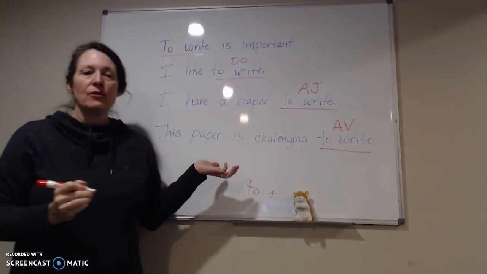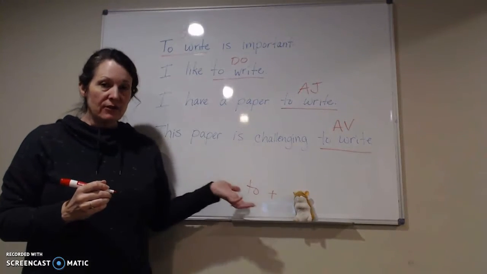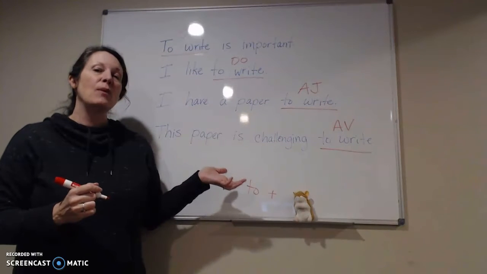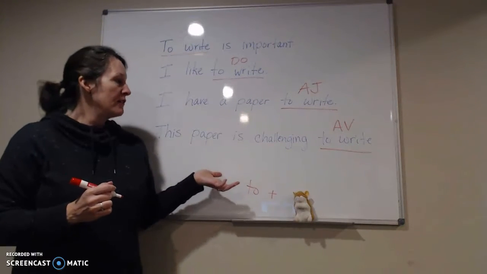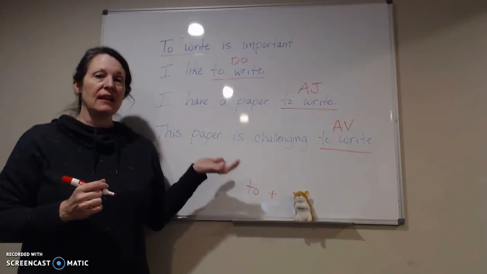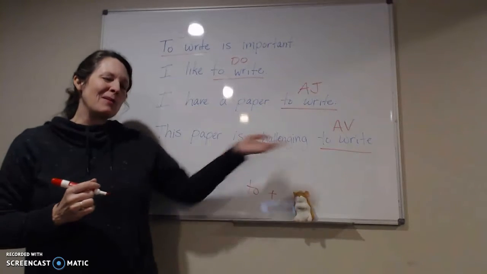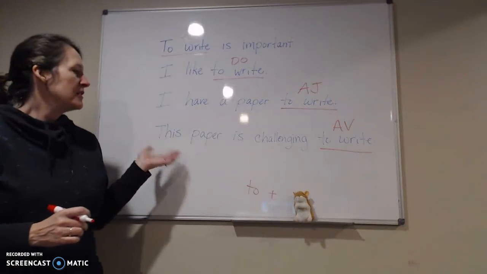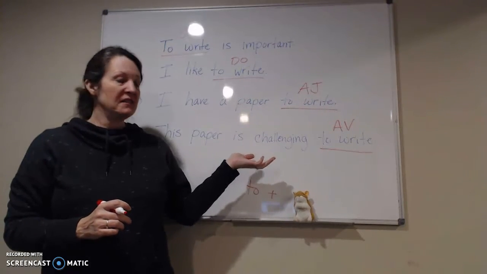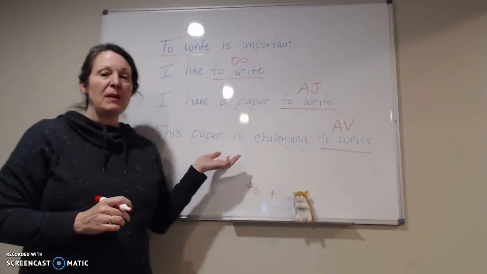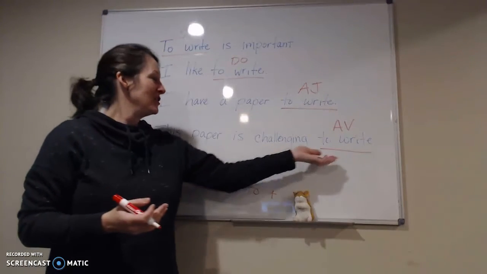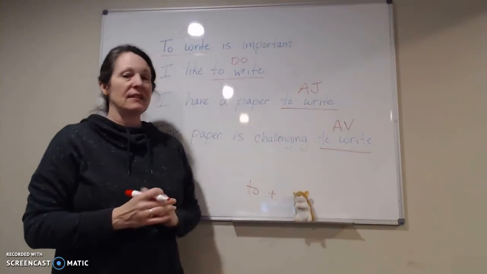We know that an adverb modifies a verb, adjective, or another adverb and answers the question how, when, where, why, how often, how much, to what extent, under what condition. I think this could probably answer a couple of different questions. This paper is challenging to what extent? To write. Or this paper is challenging how? How is it challenging? It's challenging to write. So this is an adverb.